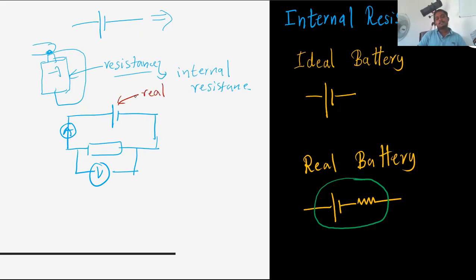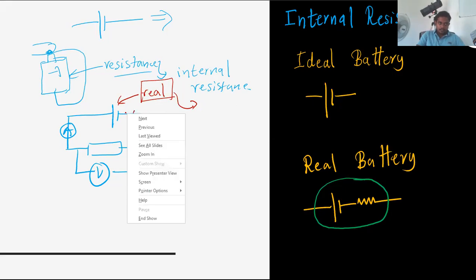Now we consider a real battery. It has a resistance, so we have to add that resistance to the circuit. So simple r, E is the potential, here we are going I.